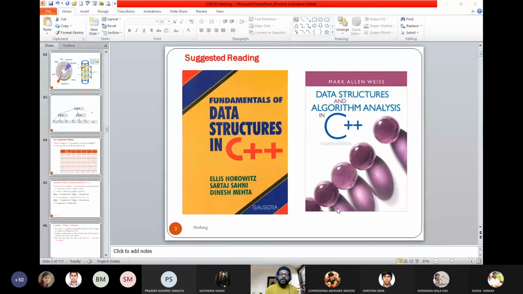And why are we looking for that? Because problem solving is nothing but searching. If I try to represent a solution space, which data structure will I select? If I select a hash table, definitely my search will be faster. But not all problems can be arranged into a hash.